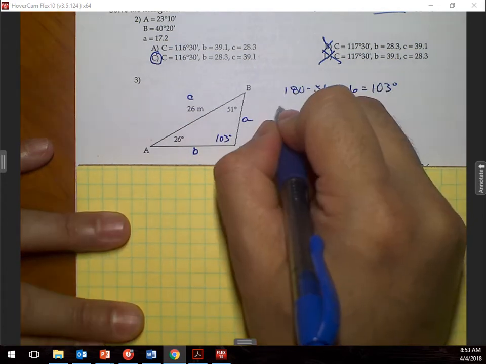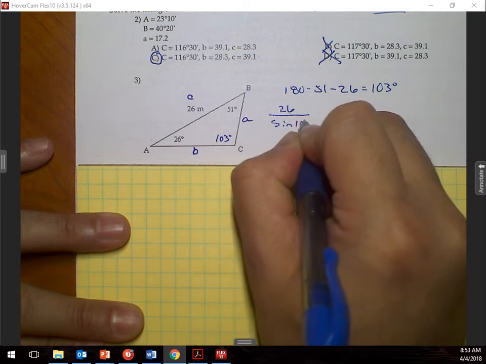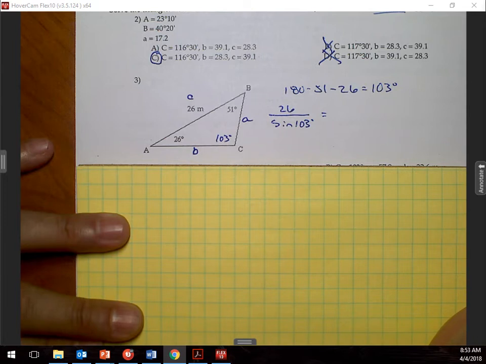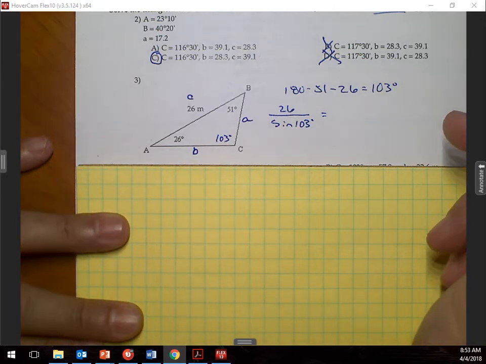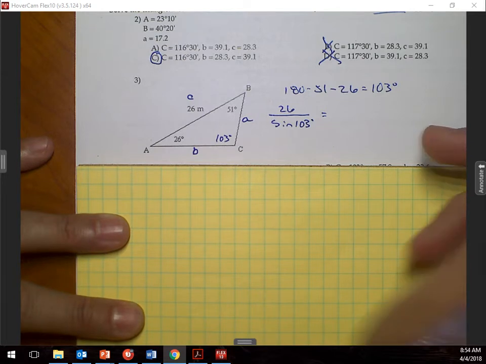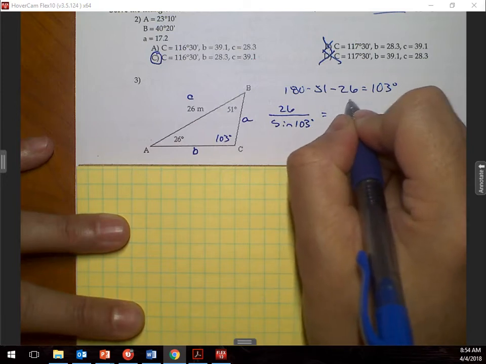So my work is going to be 26 over sine of 103 is equal to, what do you want to solve for? A. Why are we choosing A? Just because, or did I tell you a reason? So for the smaller side. Yeah, go with the smaller one. So if you have a choice, always try and choose the smaller one.